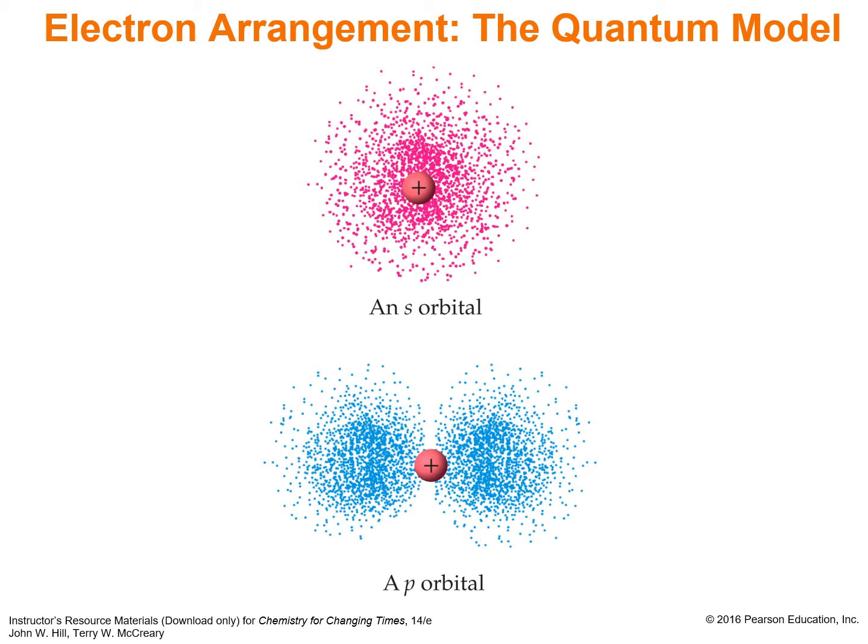So these dots here that I'm showing you in this slide are the orbitals. Okay, so the dots are telling you the probability of where this electron can be in this volume of space.